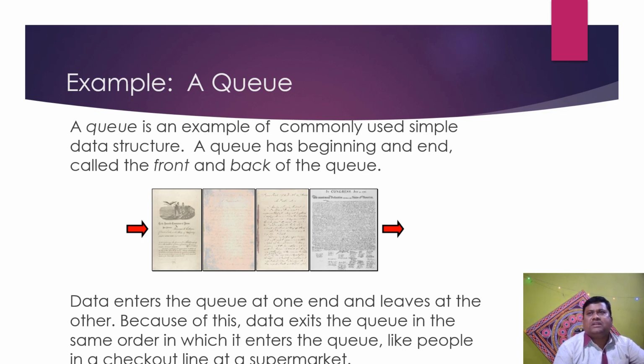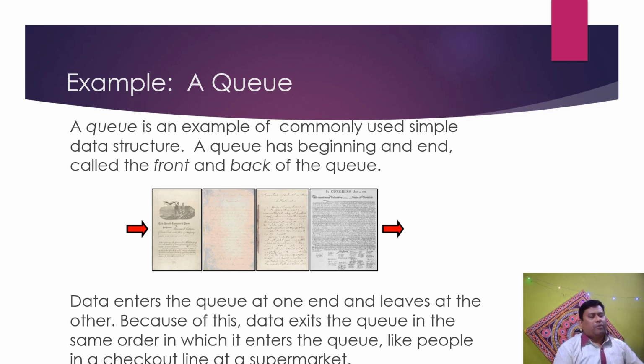That means the first in, first out technique is used, and there are two ends in the queue: one is the front end and another is the rear end. We have to insert the element at the rear end of the queue, and at the front end we have to delete the element from the queue.